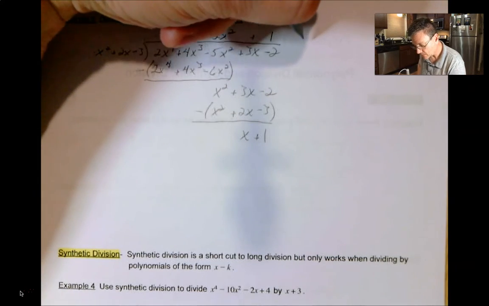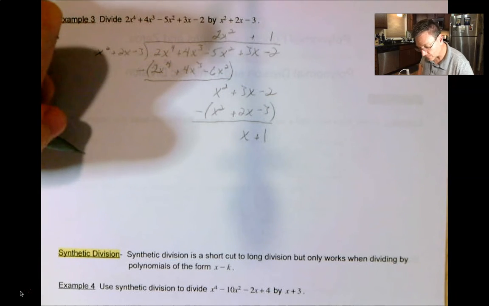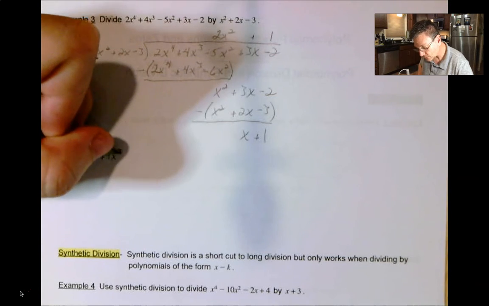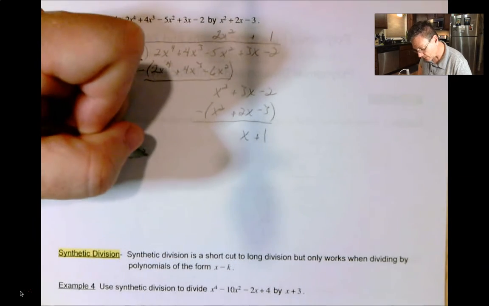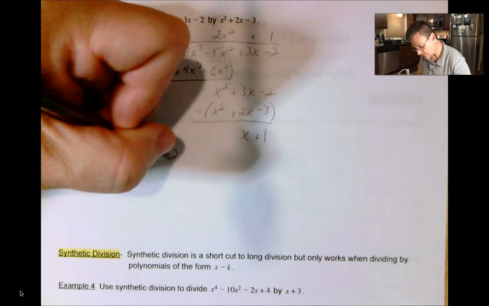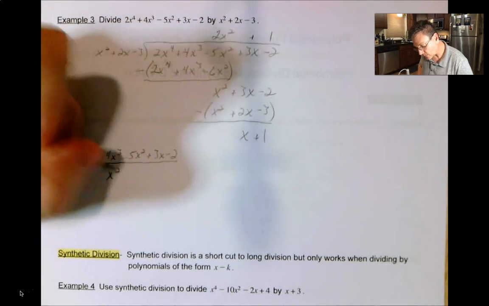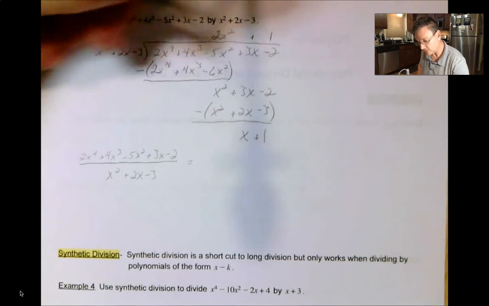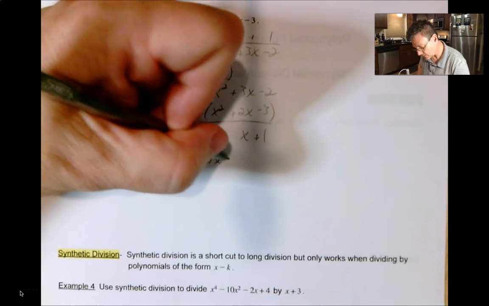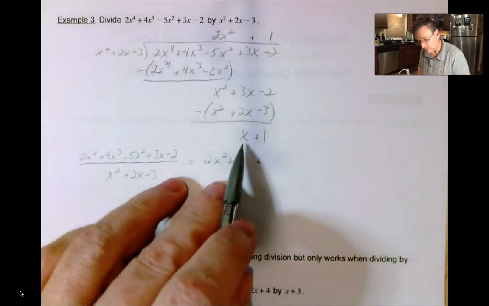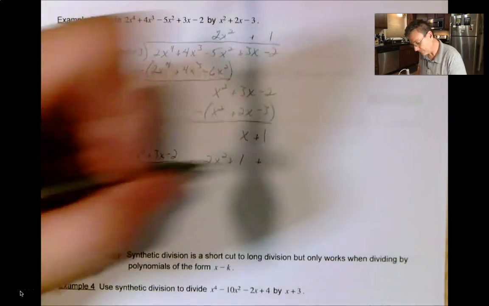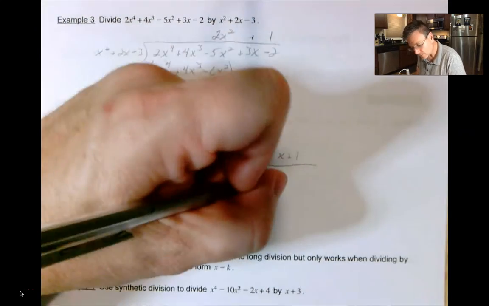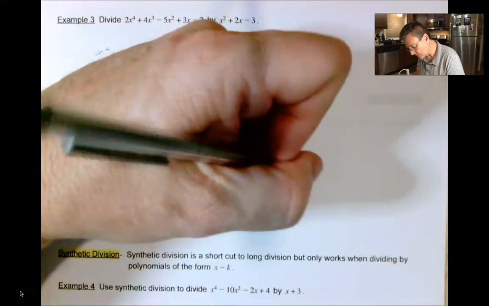We have the original polynomial, 2x to the 4th plus 4x cubed minus 5x squared plus 3x minus 2, divided by x squared plus 2x minus 3 equals 2x squared plus 1, plus the remainder over what we're dividing by: x plus 1 over x squared plus 2x minus 3.